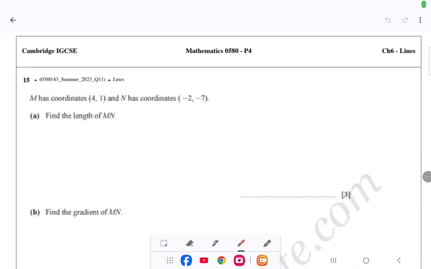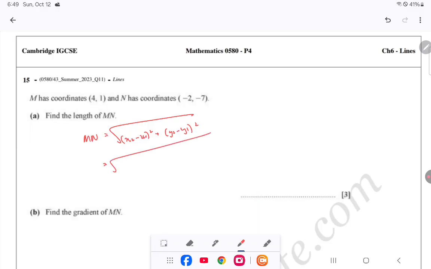Now in question 15, M has coordinates 4, 1 and N has coordinates negative 2, negative 7. Find the length of MN. For that, length MN is equal to the square root of (x2 minus x1) squared plus (y2 minus y1) squared. This is x1, y1, x2, y2.